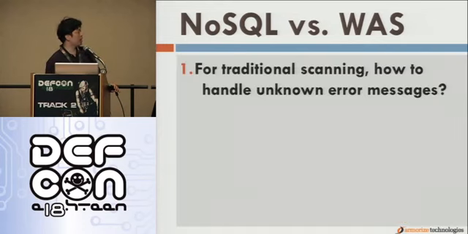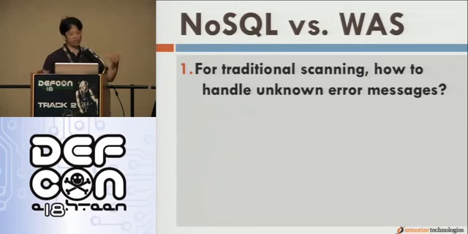For traditional scanning, how to handle unknown error messages? Traditional black box scanners mostly rely on knowing the existing error messages of SQL databases, and there aren't that many SQL databases, so there aren't that many formats of database error messages.